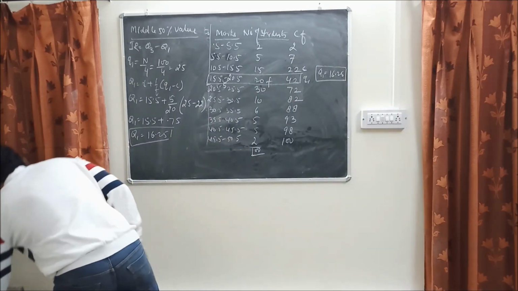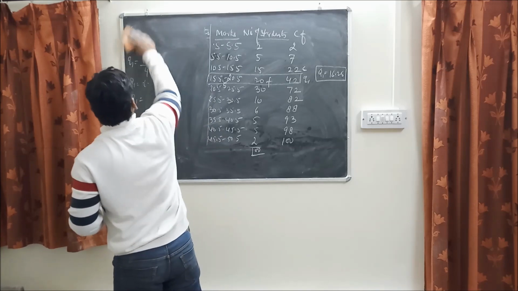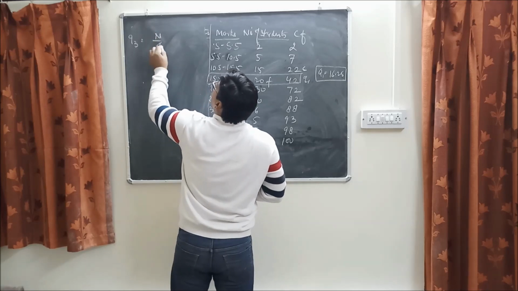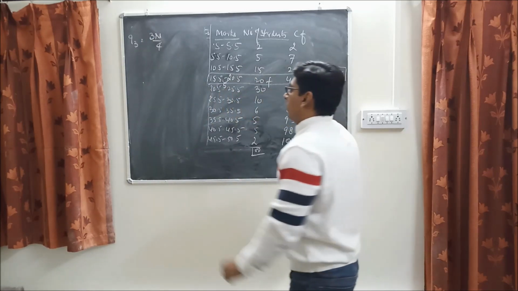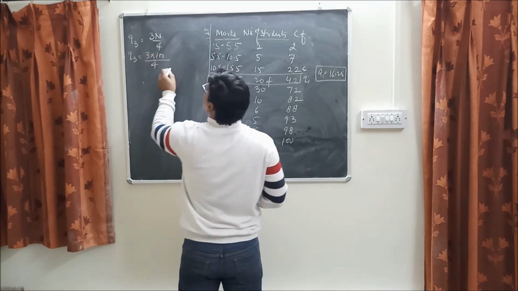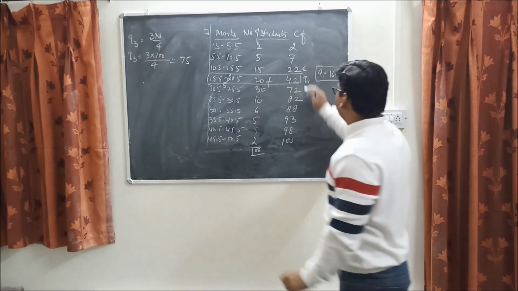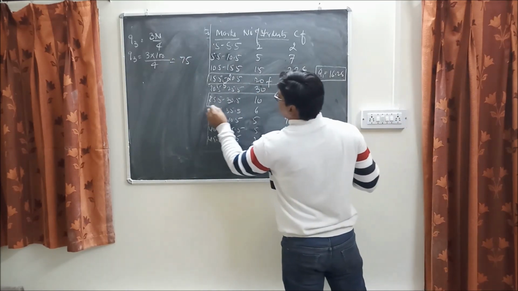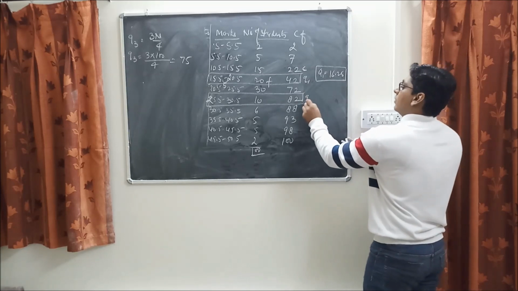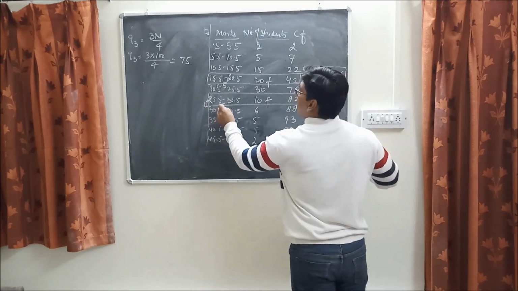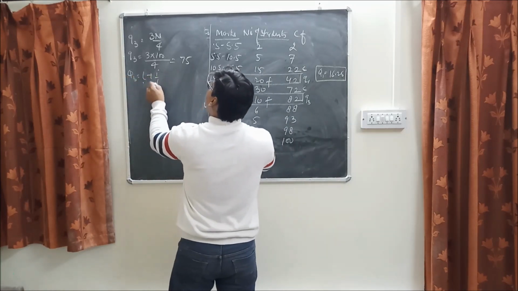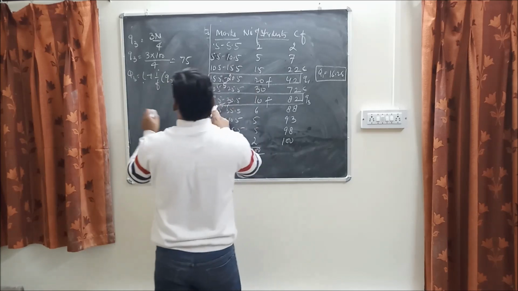Same, we calculate Q3. First of all, we calculate the Q3 group, which is 3n by 4. Q3 equals 3 into 100 divided by 4, that is 75. 75 lies in 82. This is the Q3 group. This is C, this is F, this is L and this is I. So Q3 equals L plus I upon F into (Q3 minus C).